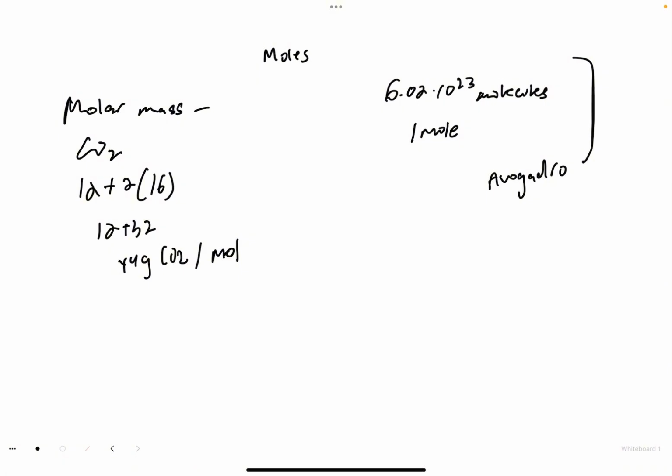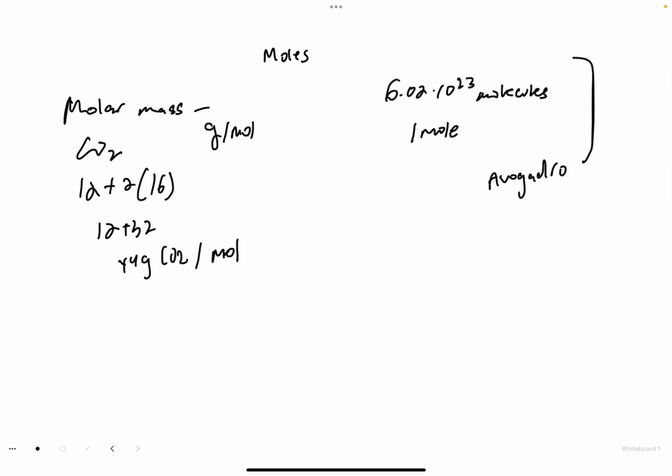So again, molar mass is grams per mole. And so we can use molar mass to get conversions between grams and moles. And we can also use conversions between molecules by using 6.02 times 10 to the 23rd.